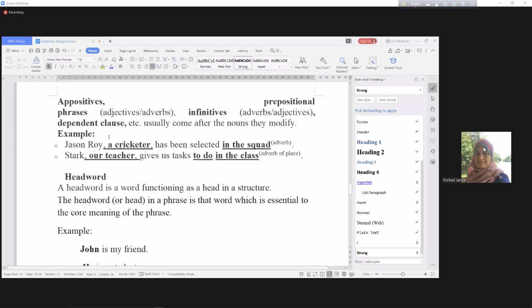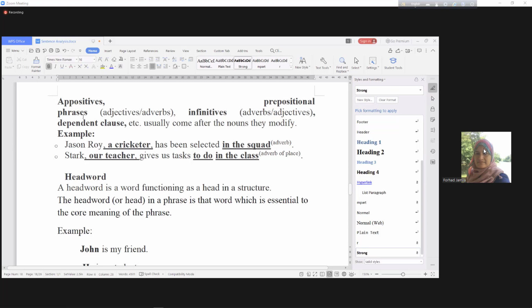So appositives, the noun in appositives, suppose Jason Roy, a cricketer, that is called appositive. Prepositional phrase, I think you are very familiar with prepositional phrases now. Suppose he is a man of wealth. Of wealth is the prepositional phrase structurally, but this is an adjective phrase also.